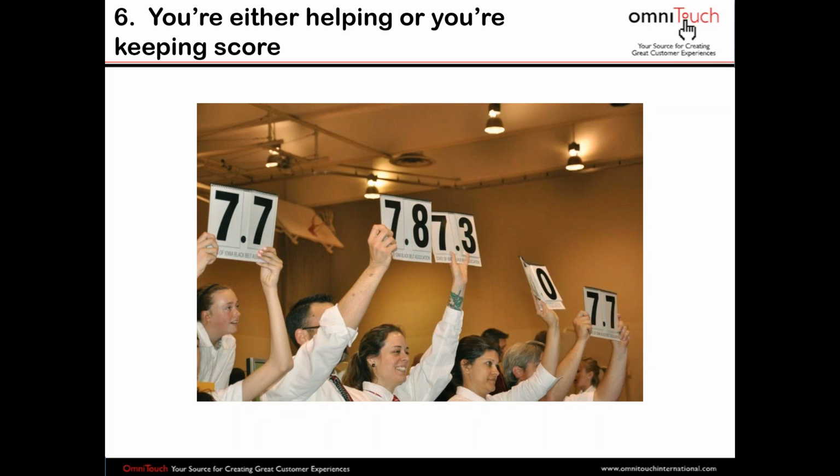I think the more traditional or not so successful centers rely almost exclusively on scoring, and then they wonder why agents are pushing back so much and not really growing in terms of quality, because handing someone a scorecard is not a behavioral change dynamic, but helping someone on a regular basis is a change dynamic for a human. So, one other thing I'd like to say before we go to the last point here: the more you help someone, the better they score. I mean, that just makes sense, doesn't it?